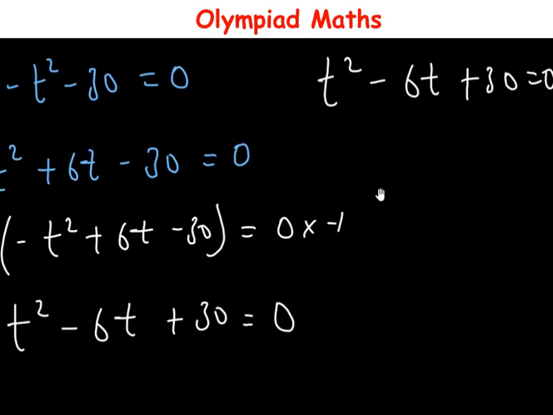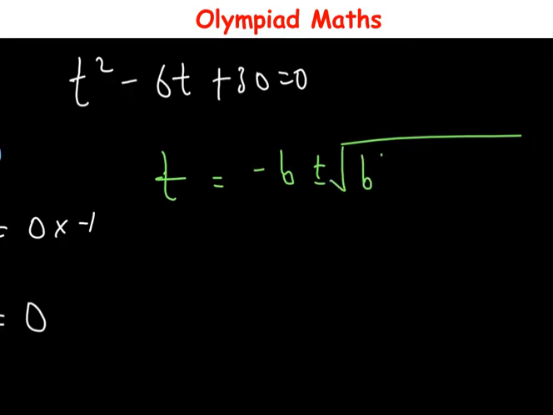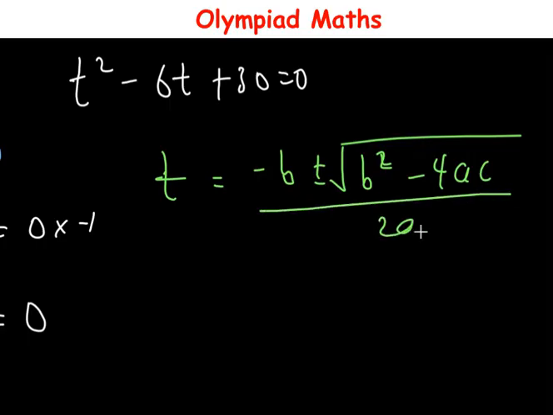To then solve for the value of t, now since we have a quadratic equation, we're going to solve this making use of the quadratic formula. And the formula is given by, t is equal to minus b plus or minus square root b squared minus 4ac all over 2a.